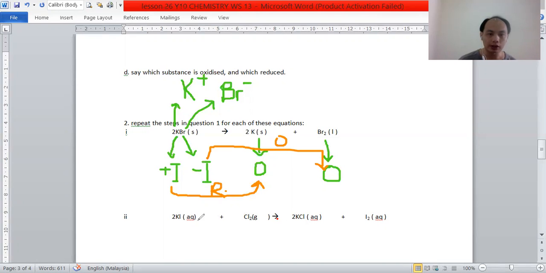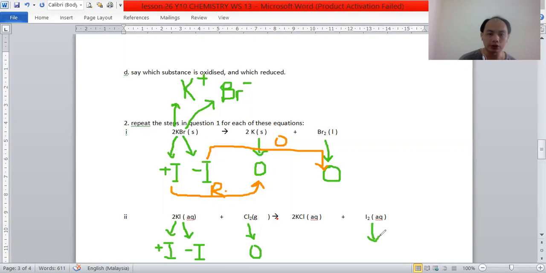So iodine is kicked out. Potassium's oxidation state is +1, iodine is -1. Chlorine is 0.